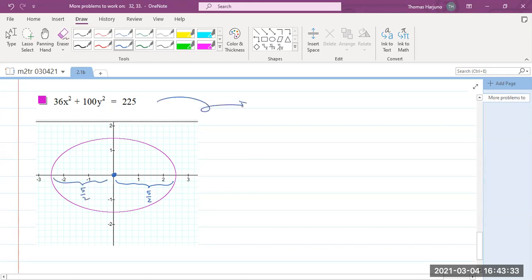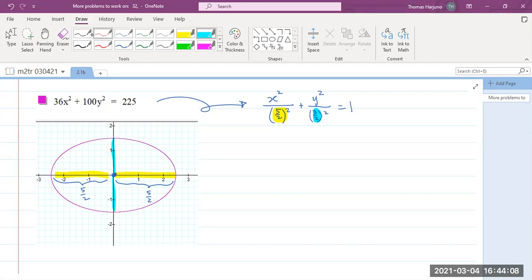Remember, when we write it in standard form, we get x squared over (5/2) squared plus y squared over (3/2) squared equals 1. So the (5/2) squared under x squared tells us how far we go left and right, and the (3/2) squared under y squared tells us how far we go up and down.